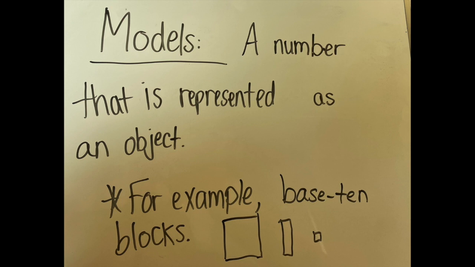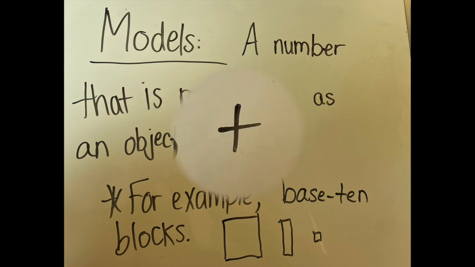It was that square that meant 100, the little stick, which meant tens, and then the tiny little cubes, which meant ones. So that's a model. And we're actually going to use that model, but I'm going to draw it for you today when we use this strategy of using models to add.